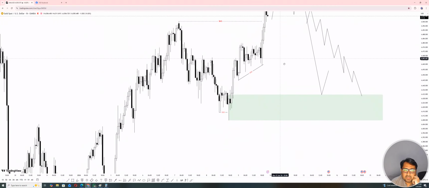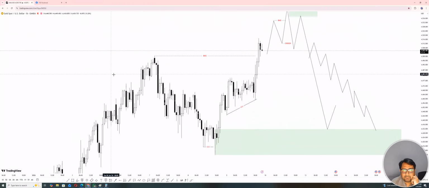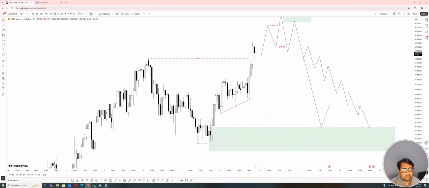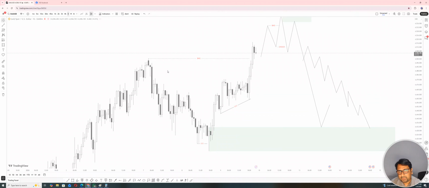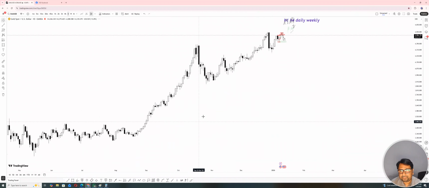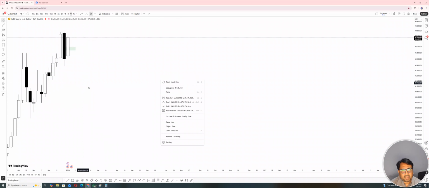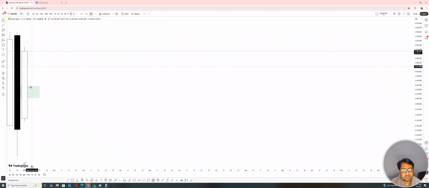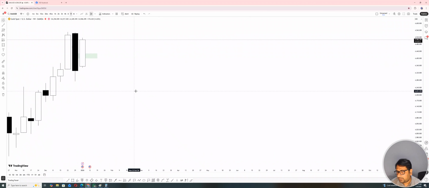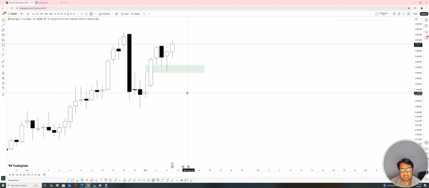For example, we have the daily time frame. Now first of all, we are going to the daily time frame. I am removing everything. We have a daily fair value gap and on the weekly time frame we do not have any fair value gap. It means the market works the daily time frame fair value gap. First of all, we need to see that the market makes a fair value gap.